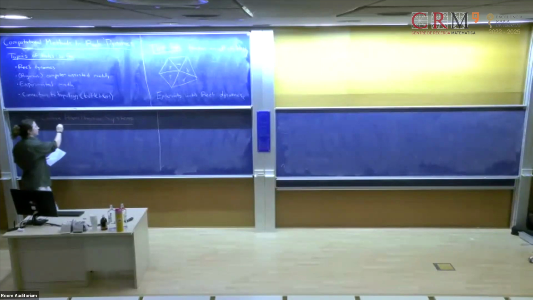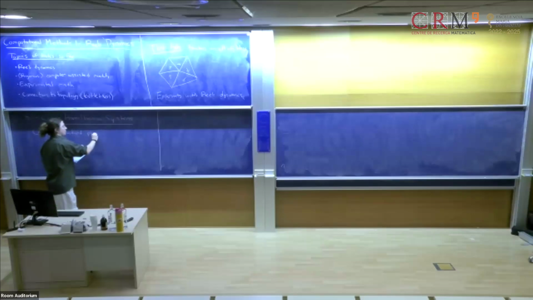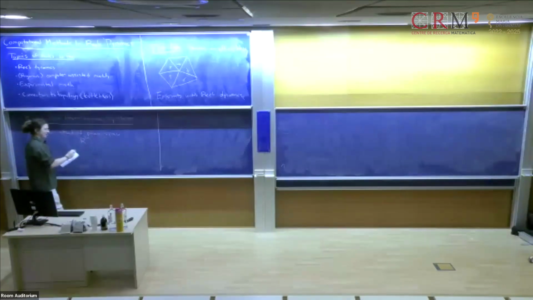Okay, so the setting is a really simple one from the perspective of Hamiltonian mechanics. So the thing I want to consider is just standard phase space. So this is just R2n. Pretty friendly.